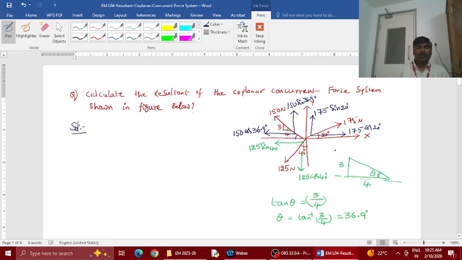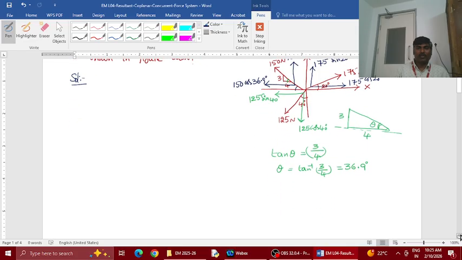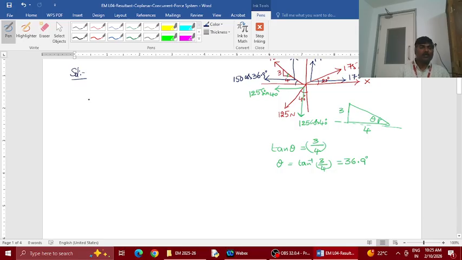Now let us tabulate these components for easy working. I'll write the force first, then its x component, then its y component.